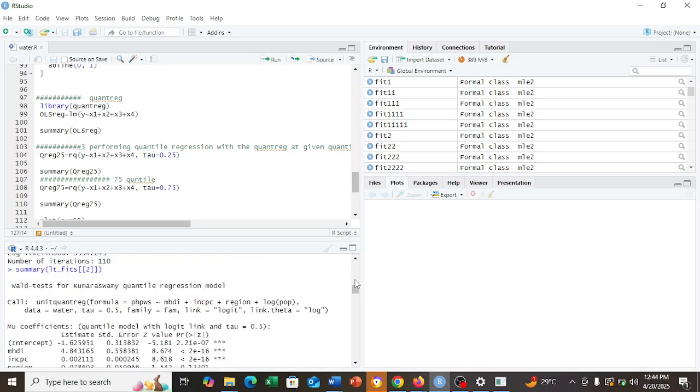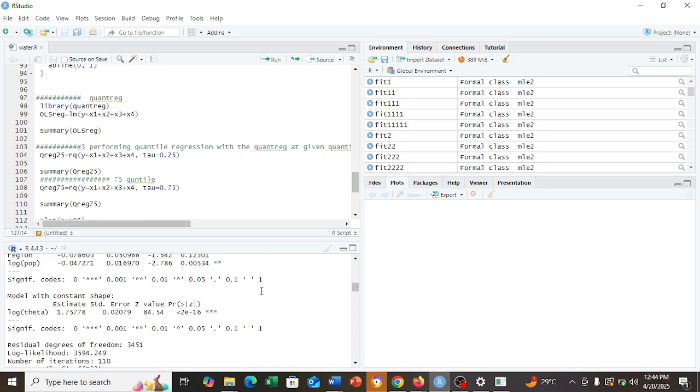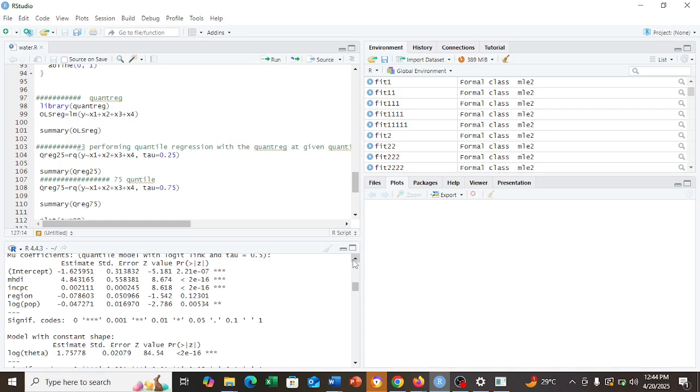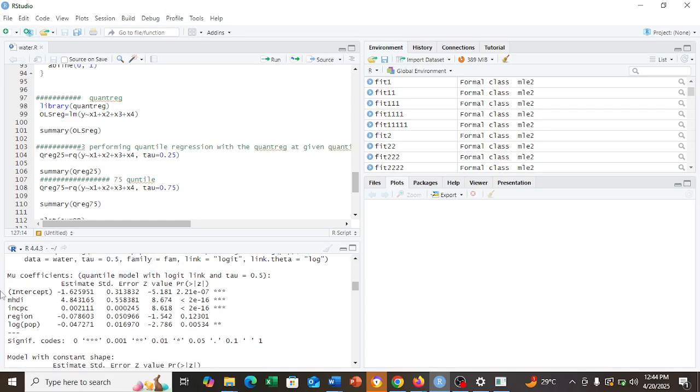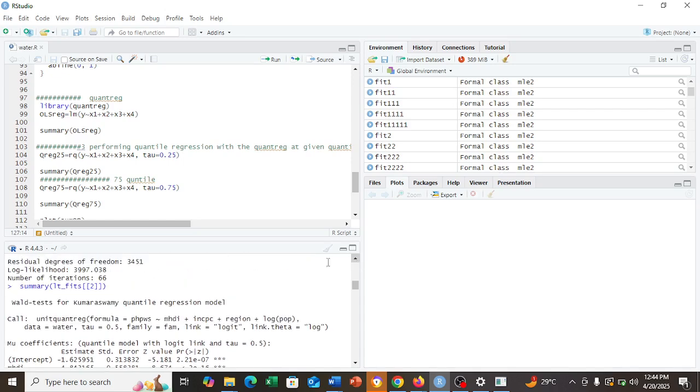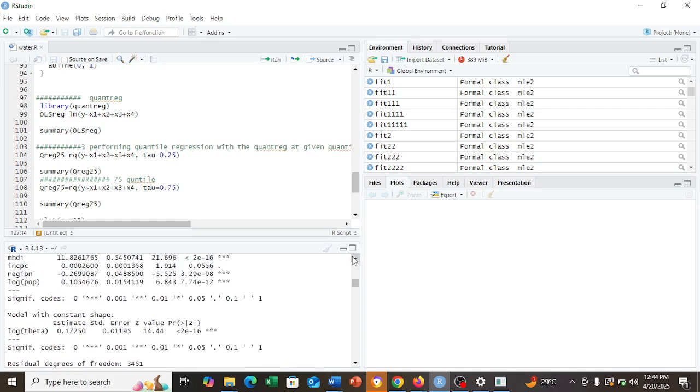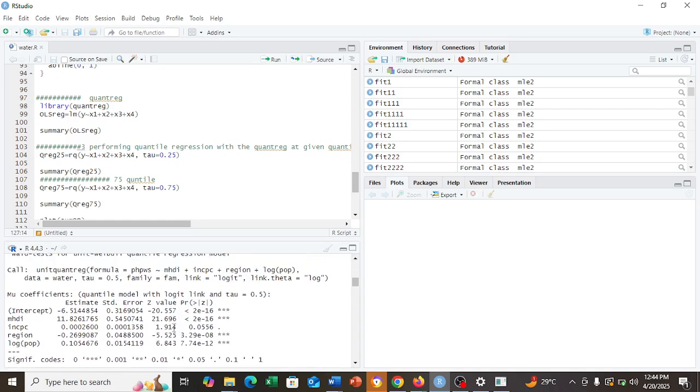Yes. So very good. We are about to get there. Okay, so these are the parameters for it. Oh no, this is the Kumaraswamy. Okay, yes, the unit variable.